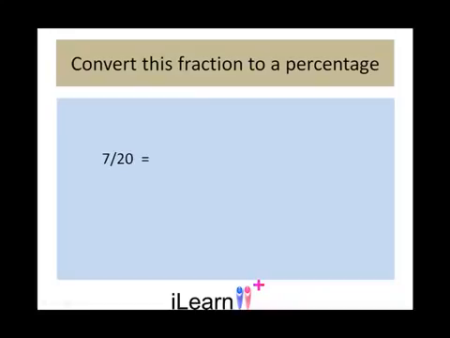You need to convert 20 into 100. Twenty times 5 equals 100. To change your denominator into 100, you are going to multiply by 5.